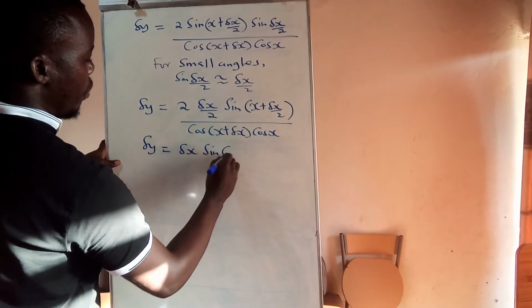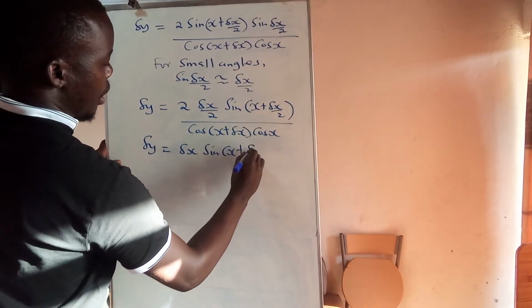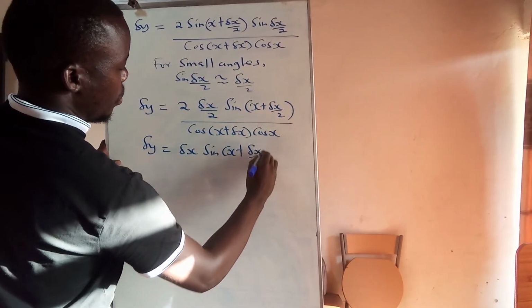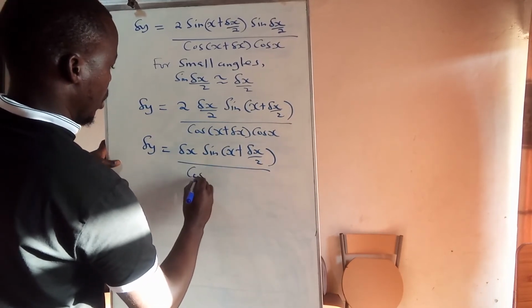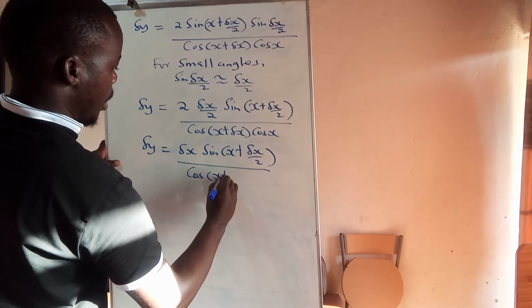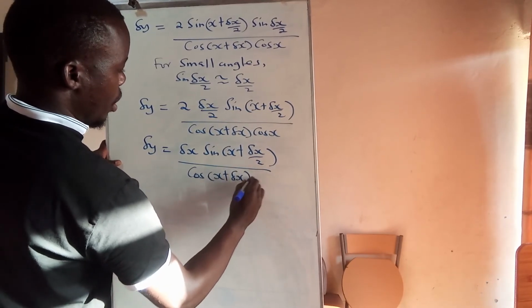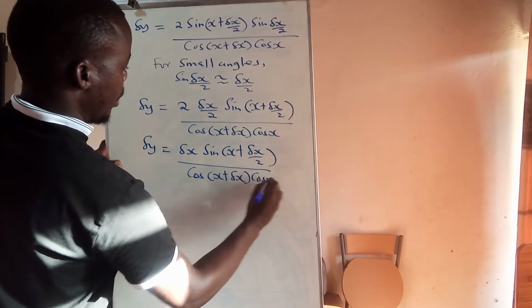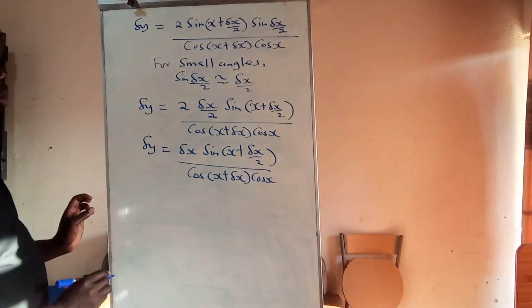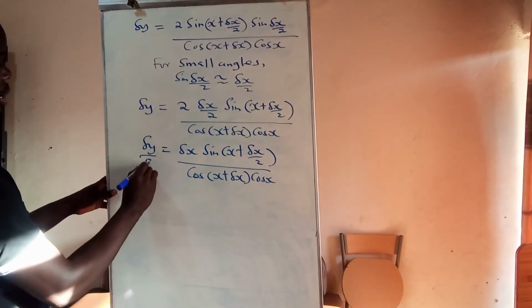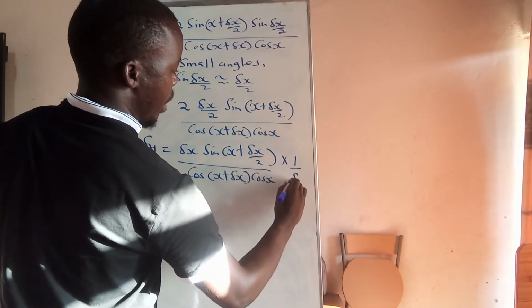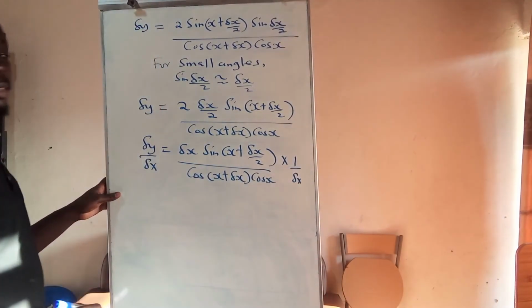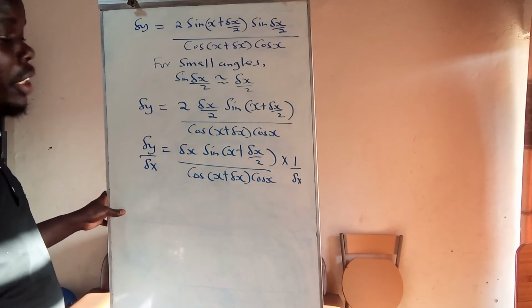multiplying sine of x plus delta x out of 2. All this divided by cos of x plus delta x, then cos of x. And if you divide both sides by delta x, I will multiply this side by 1 over delta x, because dividing by delta x means multiplying by the reciprocal.